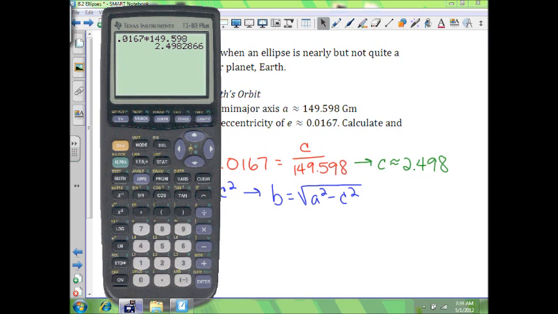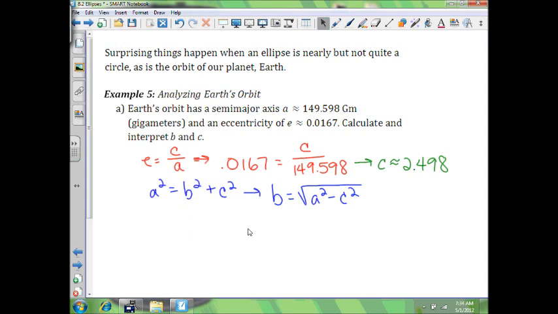So a little bit more calculator work will show the square root of 149.598 squared minus 2.498 squared gives us our answer of 149.577, and again that is in gigameters.